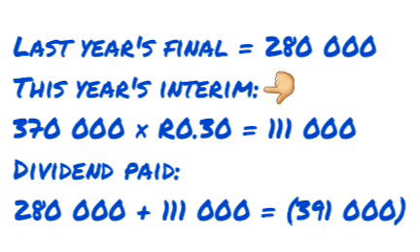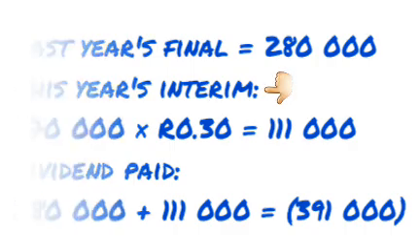Why? Because this year's final will be paid next year. Remember, at the end of the year, we only declare a final dividend. We don't pay it because the year is already over. We are going to take it out of next year's money, so it should reflect in that year. Hence, last year's final and this year's interim. So we are done with our dividend paid.